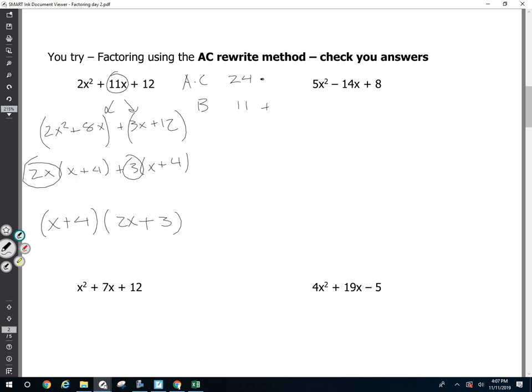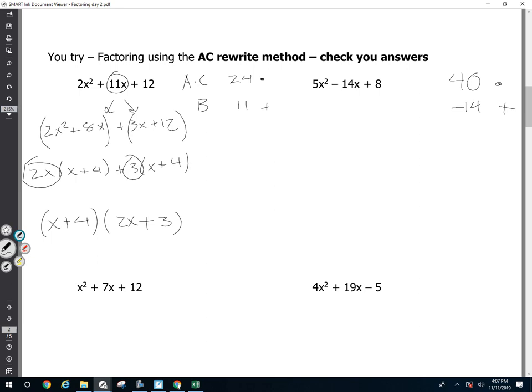So I got 40 and negative 14. Negative 4 and negative 10.